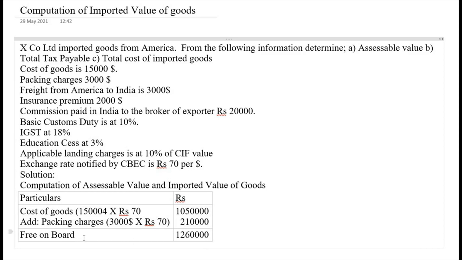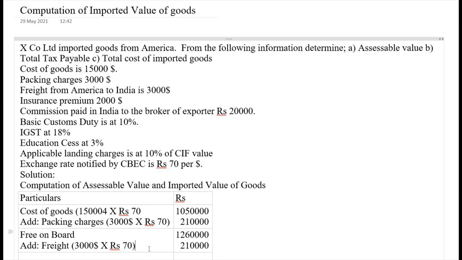To this we should add freight. So $3,000 multiplied by rupees 70, which comes to rupees 2,10,000.